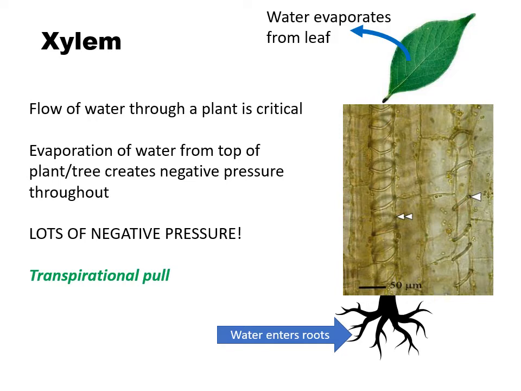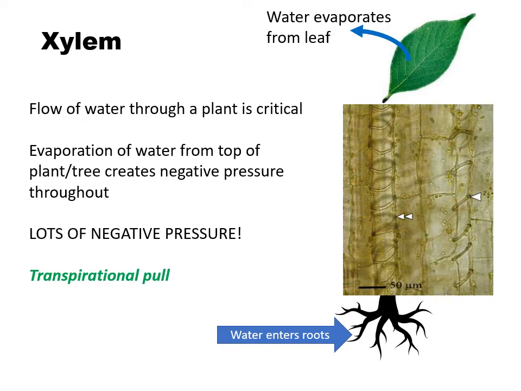There's a lot of negative pressure inside those xylem, because for water to escape at the leaf, say it's just inside the leaf, and it's evaporating off a cell inside the leaf, and that water molecule is going to escape out of a stomata. The physical act of water evaporating, going from liquid to gas, creates an immense negative pressure.